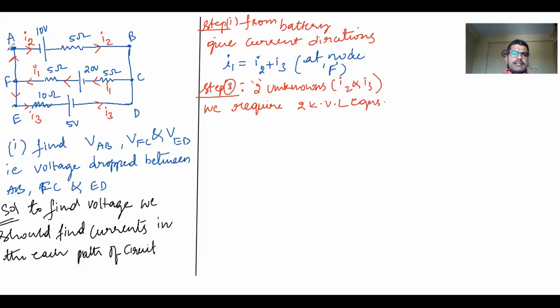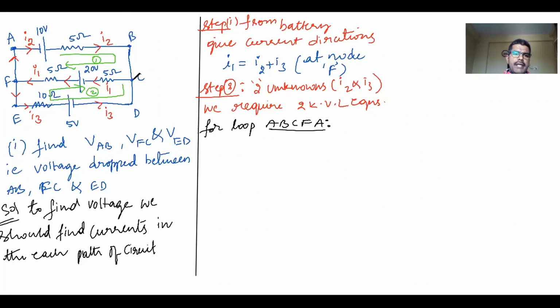Take any one, like start from A, B, C. I am considering this as one KVL equation, this as number 1. And next, this as number 2. So two loops I have considered. Now I can use those loops. For loop A, B, C, F, A.